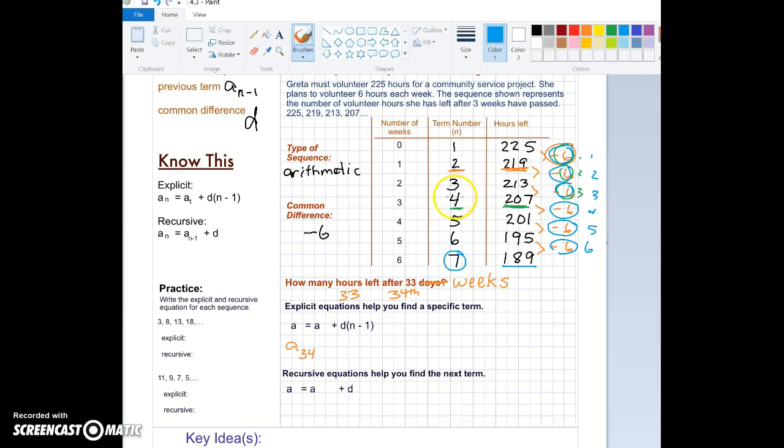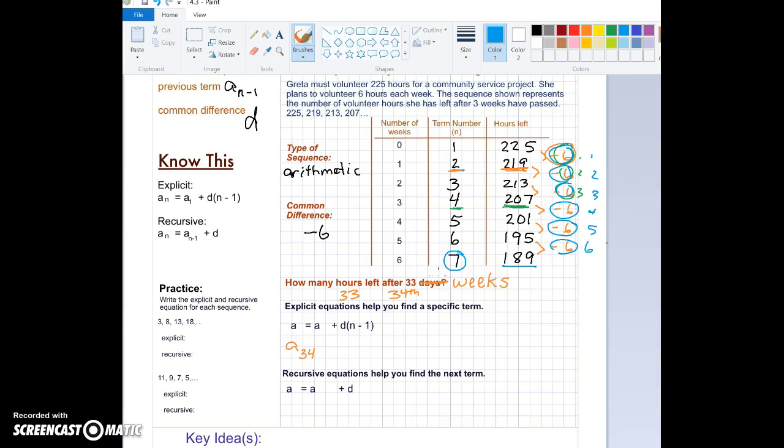On term 4, we subtracted 3 times. On term 2, we subtracted 1 time. Do you see the pattern? We added our common difference, which happens to be subtracting 6, 1 less time than our term number.